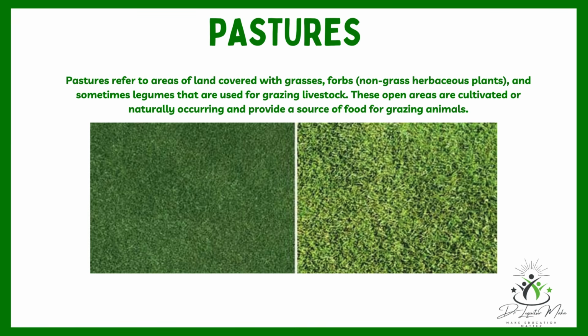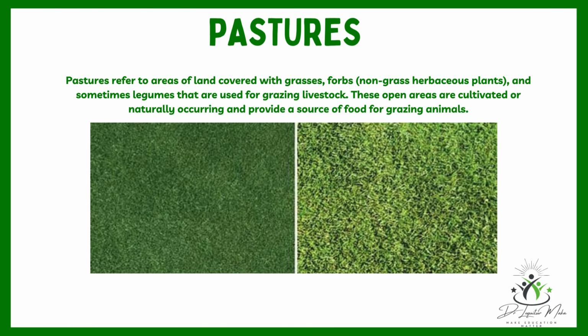These can either be cultivated by men or occur naturally in that particular area. Pastures are the source of food for grazing animals. It's not only used by domestic animals, but it can also be used by wild animals. In most cases, because we don't keep wild animals, they will use natural pastures.